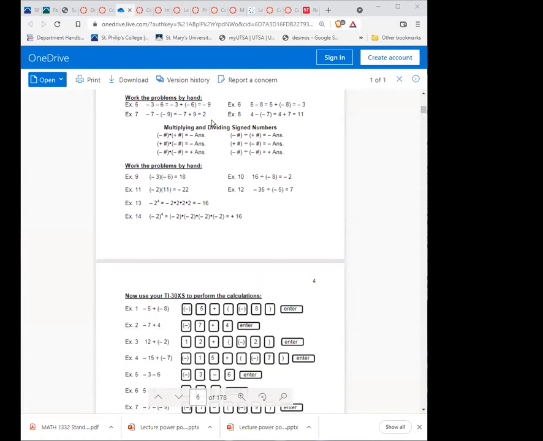So multiplying and dividing. So if the signs are the same, they will always be positive. That one's the easiest to remember. If they're both negative, plus. If they're both plus, obviously they're plus, right?